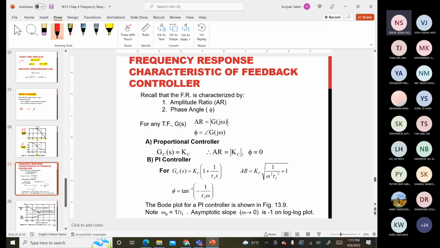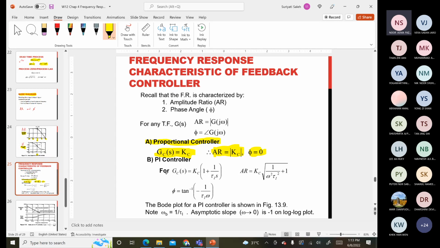For example, in the case of the proportional controller, you have GC equal to KC. Automatically you have the amplitude ratio equal to KC because KC is a value. And the angle will be 0 since any constant value represents 0 angle.